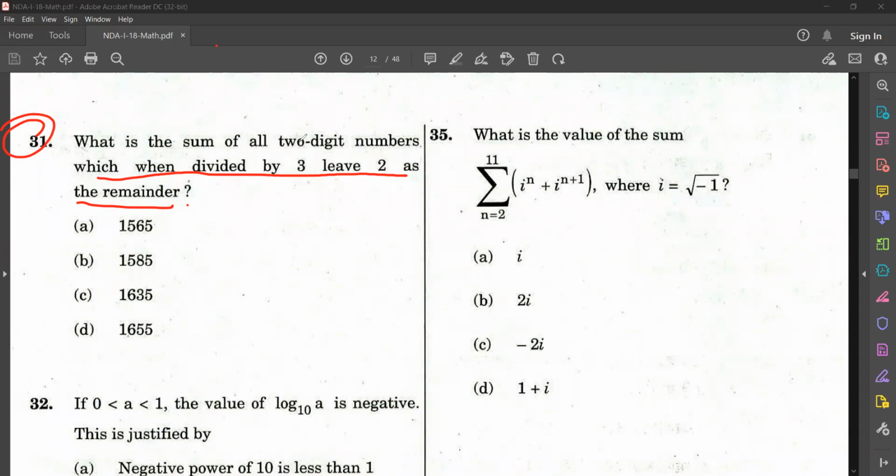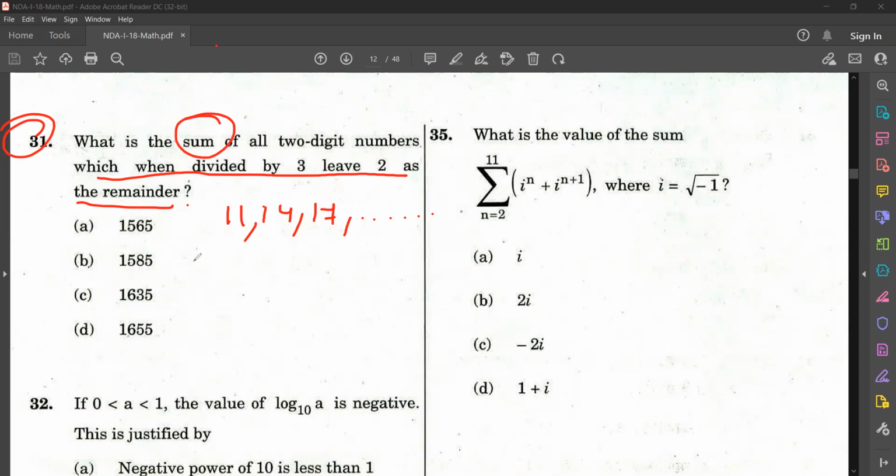Which is the first two-digit number that leaves remainder 2 when divided by 3? That is 11, since 11 divided by 3 gives remainder 2. The next number is 14, which also leaves remainder 2, then 17, etc.